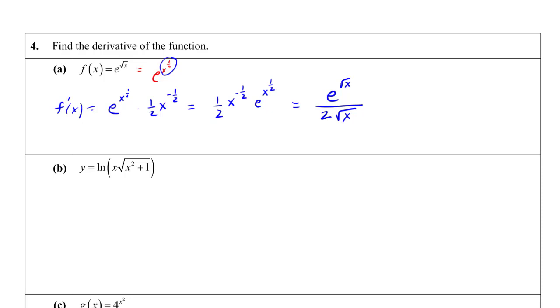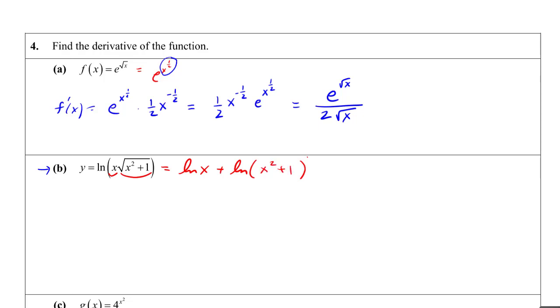Okay, when I take a look at this next one, y equals ln of x times radical x squared plus 1. Whenever I have logarithms, ln or any other logarithm, I want to think about doing simplification first. In other words, I have ln of a product, so I can write that as ln of x plus ln of radical. Well, I'm not going to write the radical because I'm going to go to 1/2 notation.